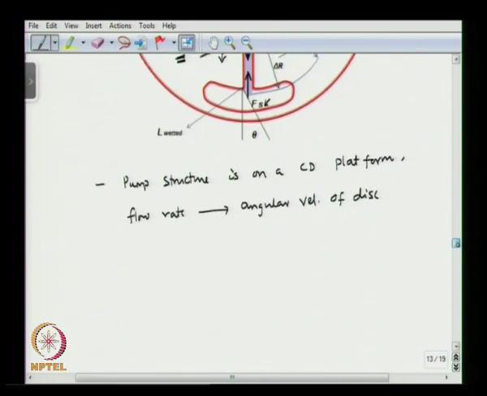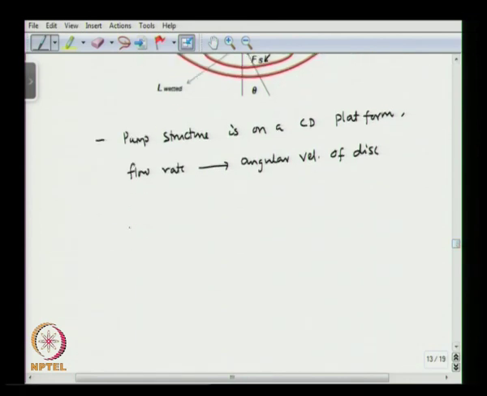Okay. Here we can write down the expression for the centrifugal force. So, we write the expression for dFc over dr, that is, how the centrifugal force is changing with radius. So, that would be rho omega square r into the area of cross section of the channel. So, this is basically the centrifugal force per radius.